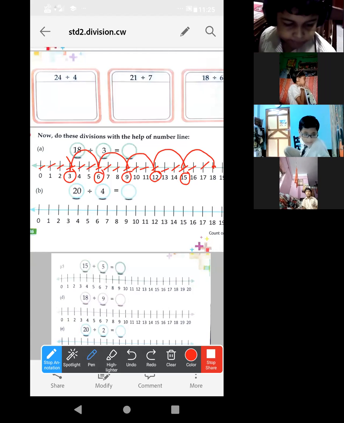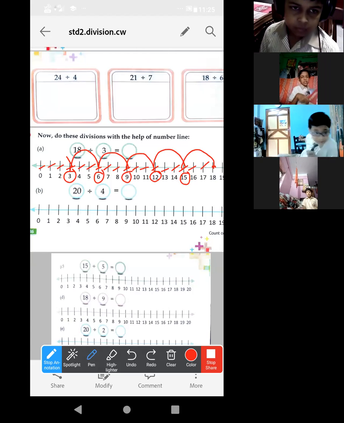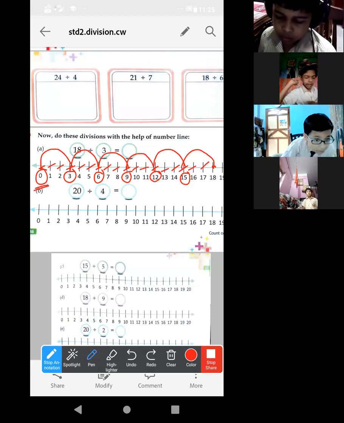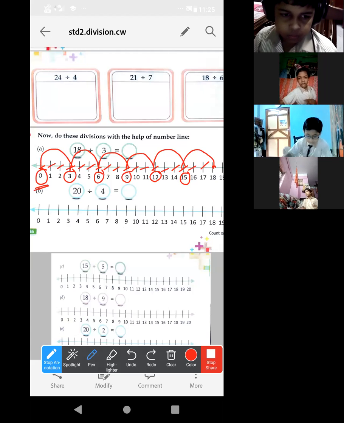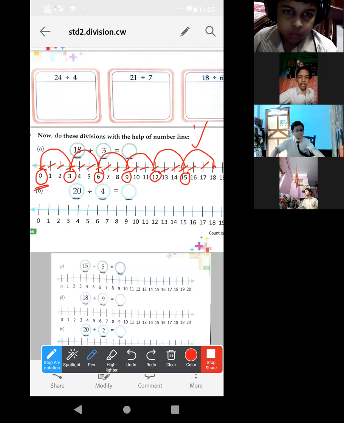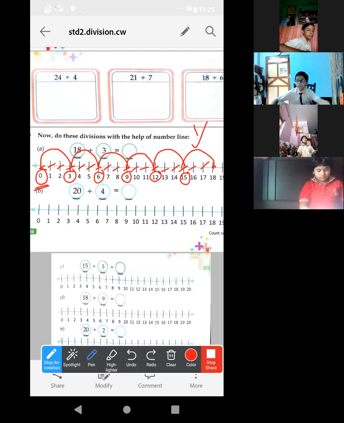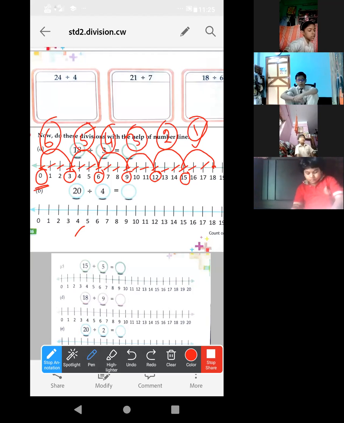So the answer: 2, 3, 4, 5, and 6 jumps. We made 6 jumps. Okay, that means the answer is 6. Now this one is clear to all of you. So complete this one.